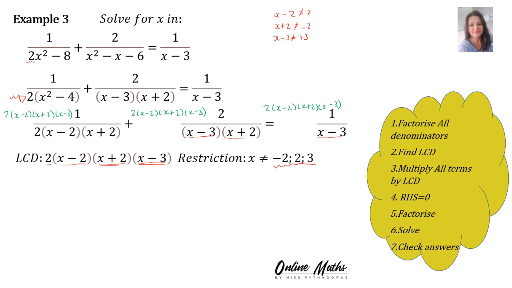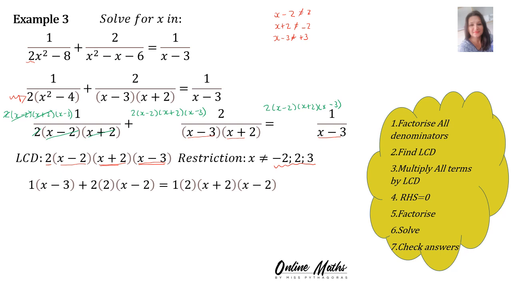And then what happens is x minus 2 and x minus 2 can cancel, and x plus 2 and x plus 2 can cancel, and the 2 and the 2 can also cancel. So I'm just left on top there with 1(x minus 3).